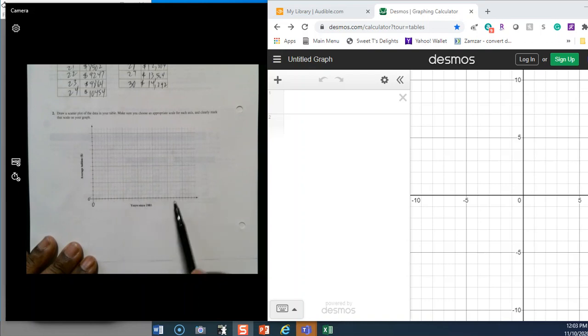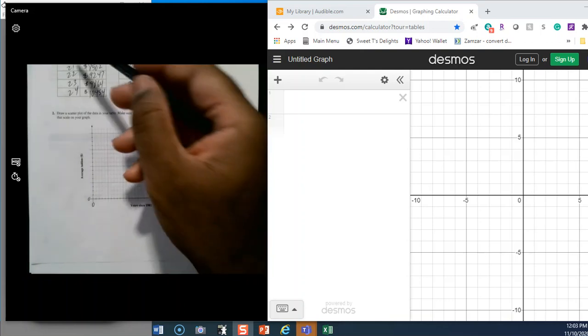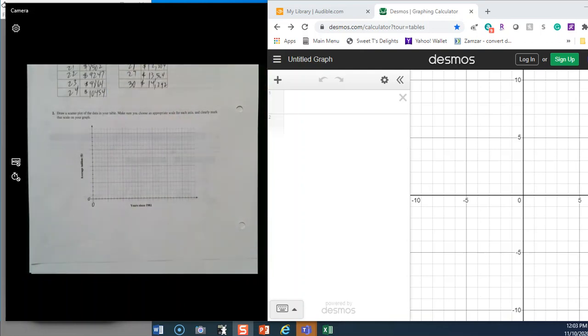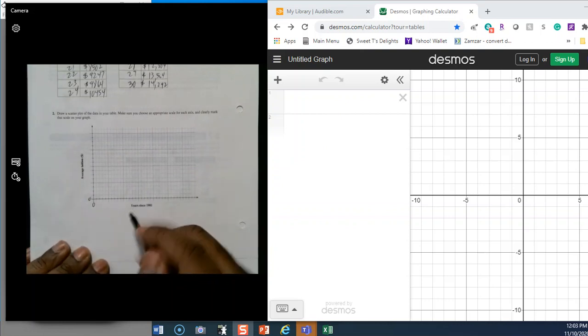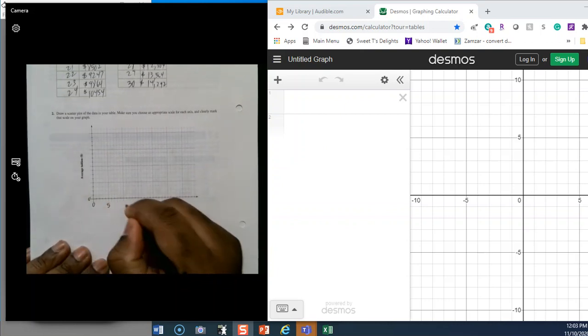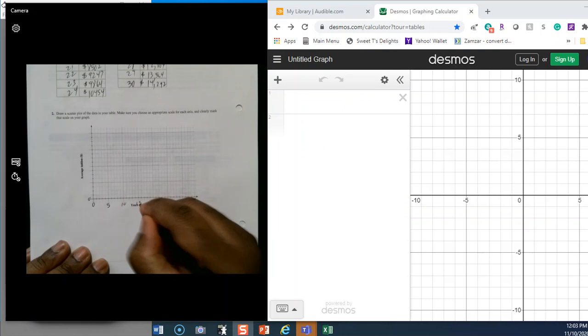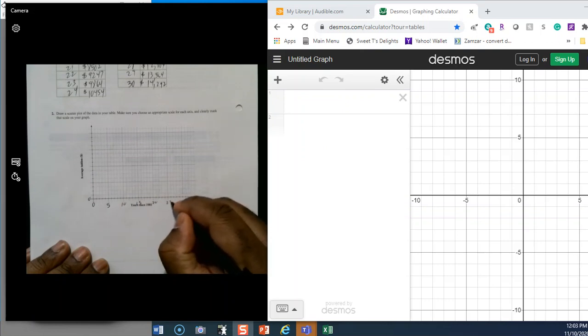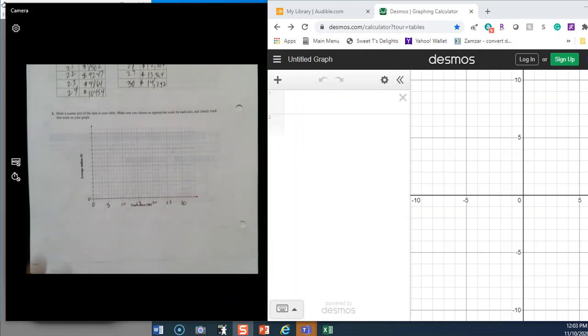This would be 15, 20, 25, 30, all the way up to 34. So we have 34 values. If you notice with our years for X, we go from 0 to 30. So we can actually go by ones here. So this would be 5, 10, 15, 20, 25, 30, and we know we'll go to 34.